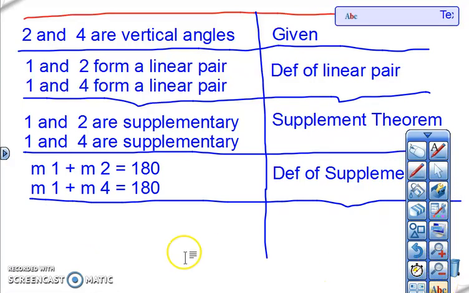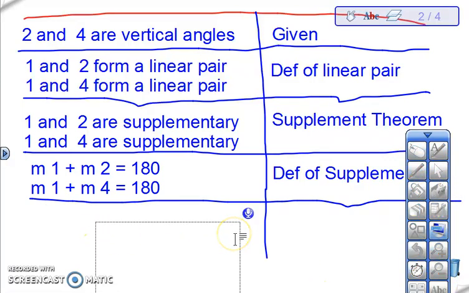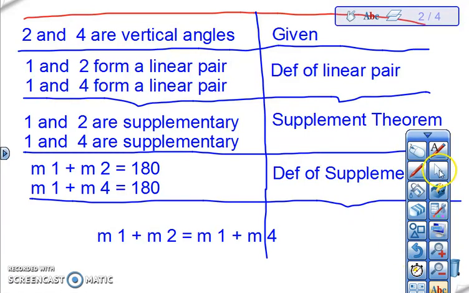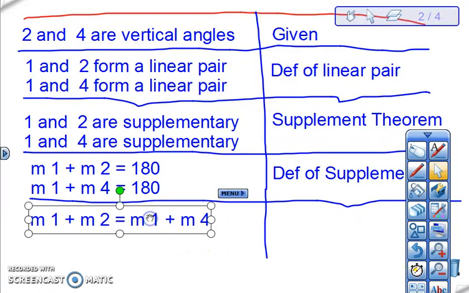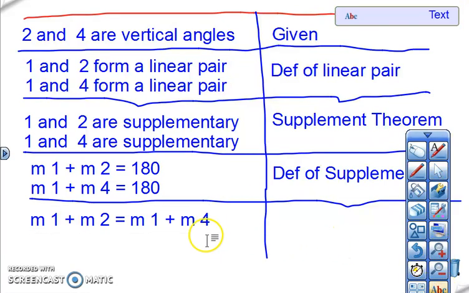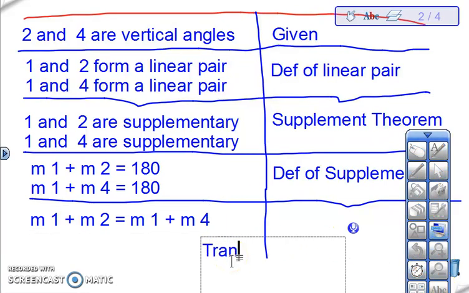So if 1 and 4 add to 180 and 1 and 2 add to 180, that tells us that the measure of angle 1 plus the measure of angle 2 has to equal the measure of angle 1 plus the measure of angle 4. And that is based on our transitive property.